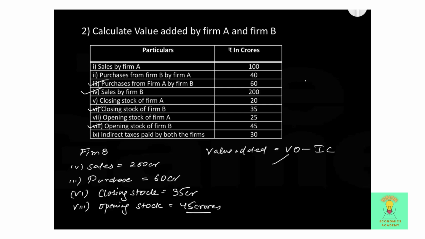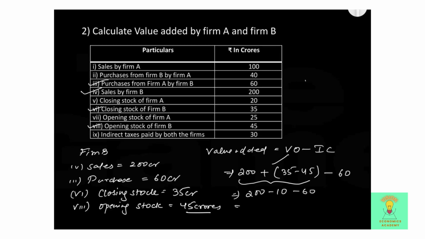So sale is 200 plus change in stock is closing stock minus the opening stock. Okay, so this gives you value of output minus intermediate consumption is 60. So 200 minus 10 minus 60, right?